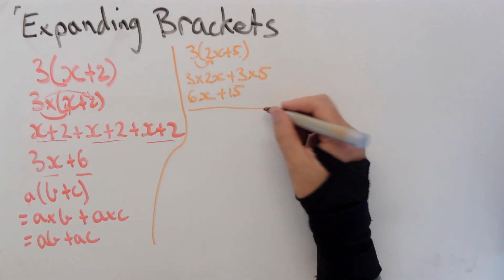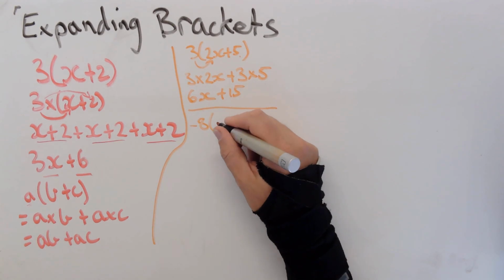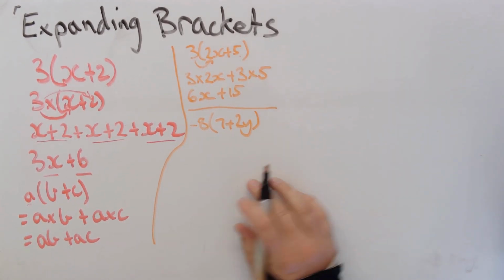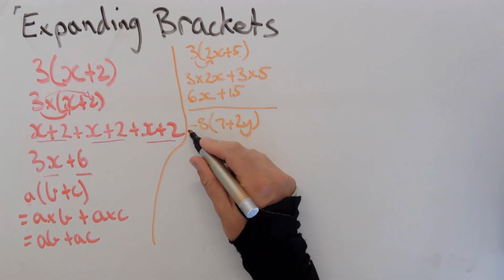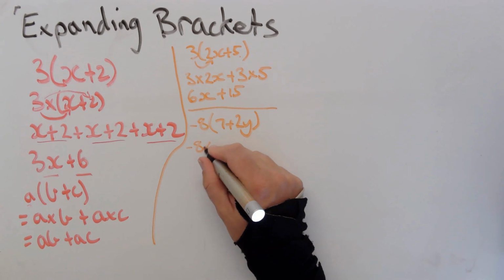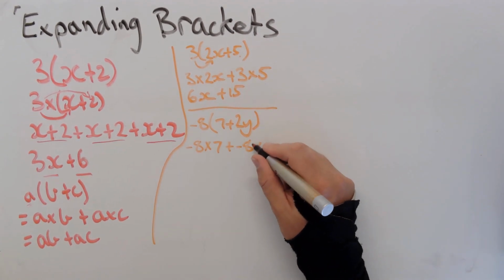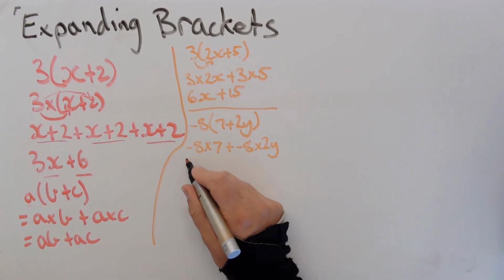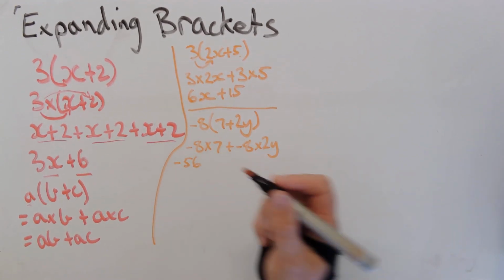Our next worked example is negative 8 outside of 7 plus 2y. Same idea, but this time I've got a negative in there. Well, that's okay. I go negative 8 times positive 7, plus negative 8 times 2y. Well, 8 times 7 is 56, and a negative times a positive gives us a negative.